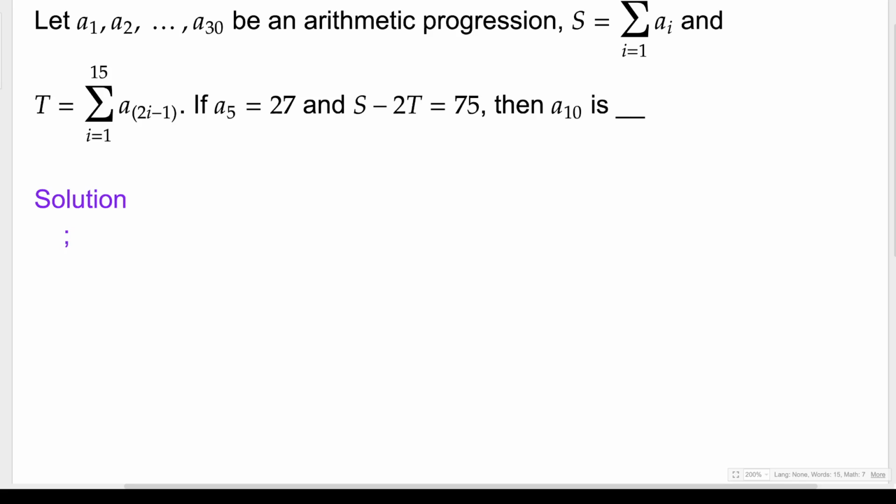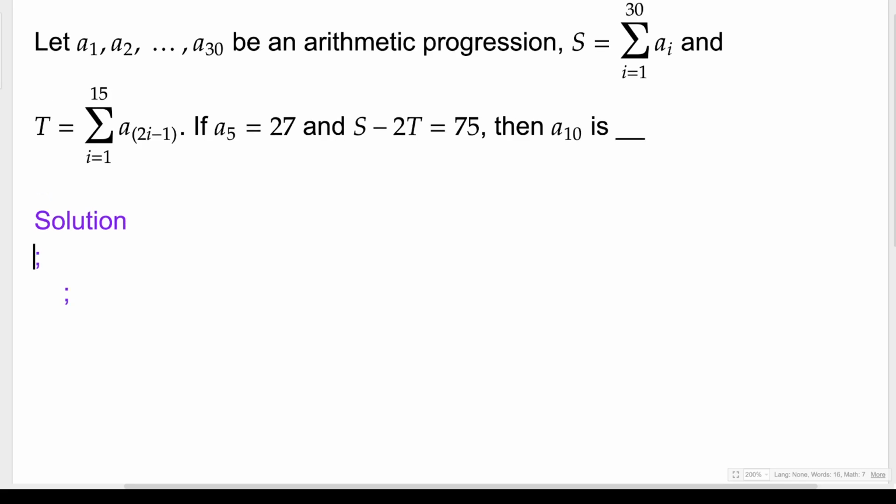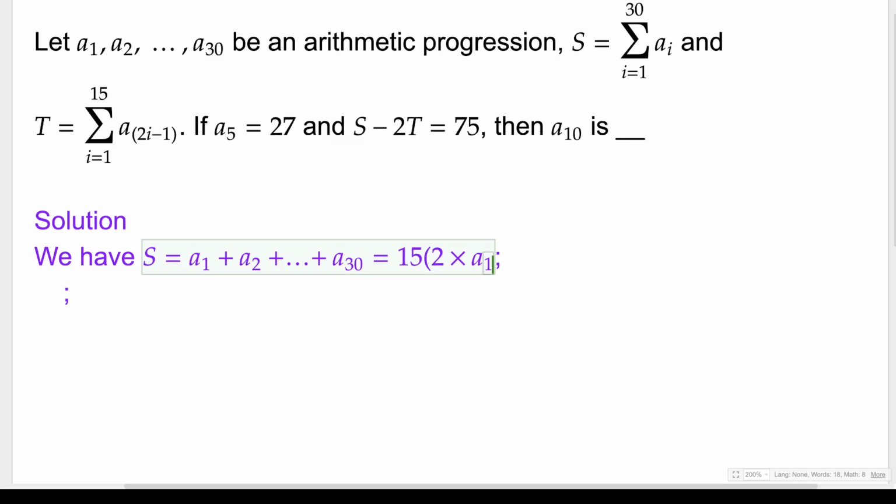Now let's proceed towards the solution part. We have s, and if I expand it, it can be written as a subscript 1 plus a subscript 2, and this goes all the way up to a subscript 30. Simplifying this, it can be written as 15 times 2 times a subscript 1, plus there are 30 terms, so 30 minus 1, 29 times d, and this 15 is essentially 30 over 2.